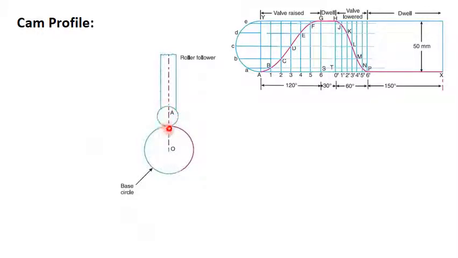So what you do is, above this circle you measure 10 mm. There you will get the center of this circle. So taking that point as center, draw this circle having radius of 10 mm. So we'll get roller of 20 mm diameter exactly over this circle. Okay, so this roller is attached to the follower.